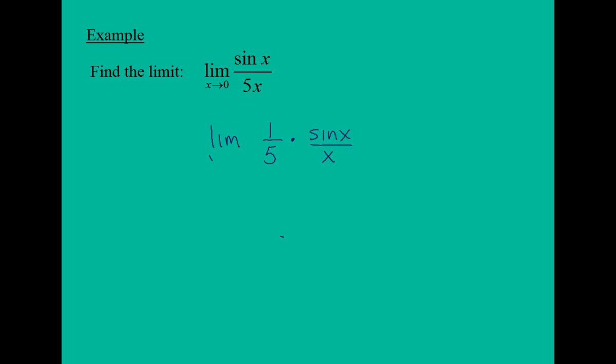So we'd have as x approaches 0. And we could rewrite it as 1/5 times the limit of the sine of x divided by x as x approaches 0. And we would get 1/5 times this limit right here, we know equals 1. So we get 1/5.